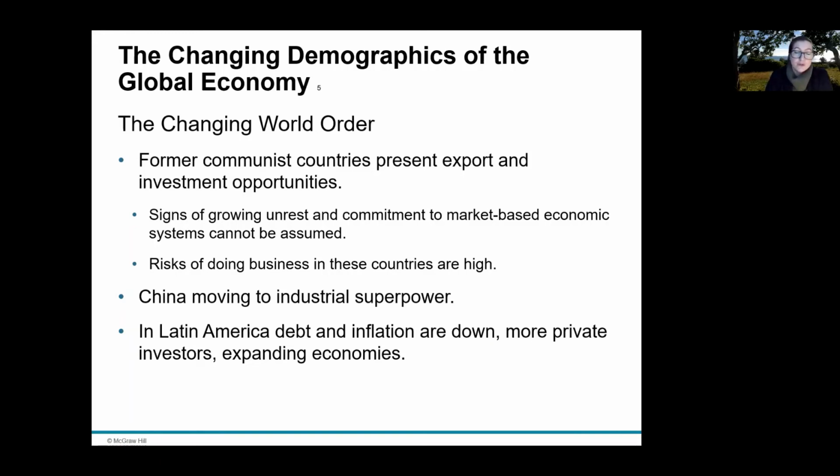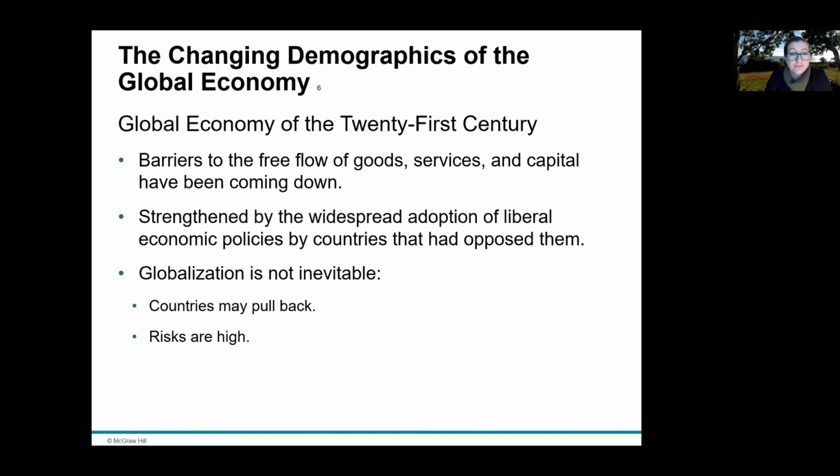While the risks of doing business may be high in these countries, there are good reasons to not dismiss these countries. China is moving to secure their superpower weight in the global marketplace, and places like Brazil are becoming more and more attractive to international investment.